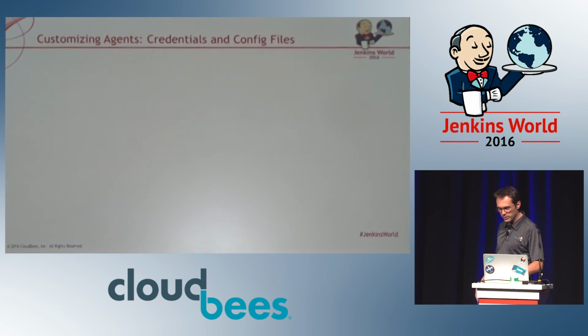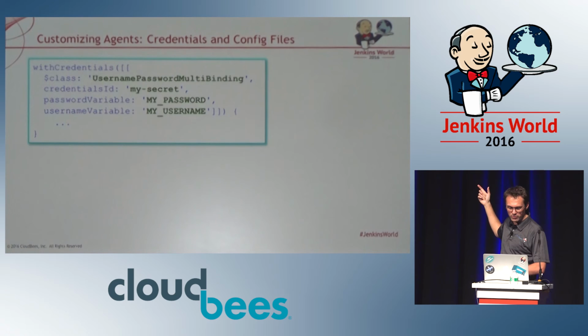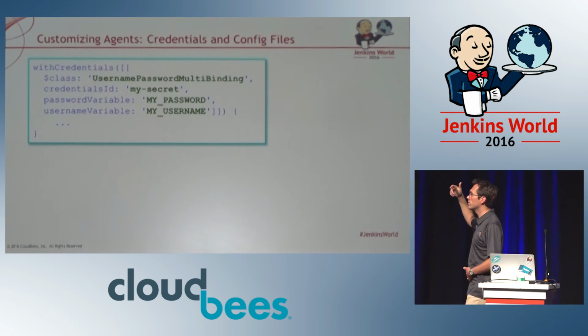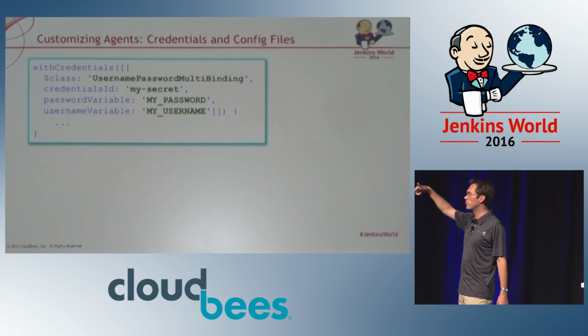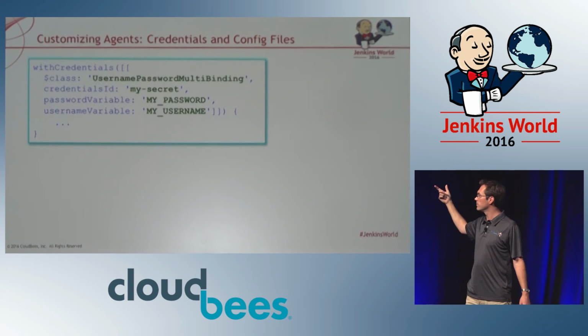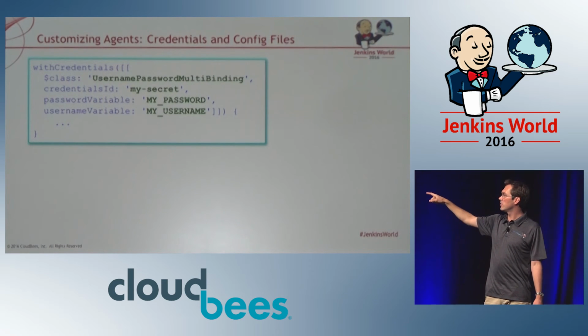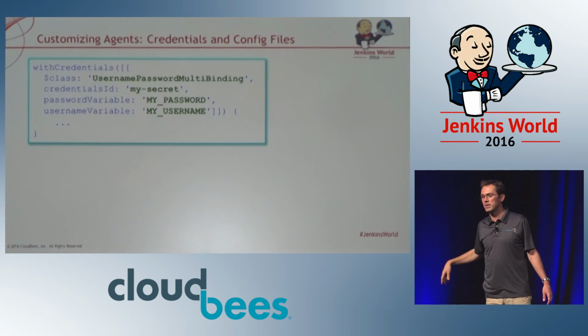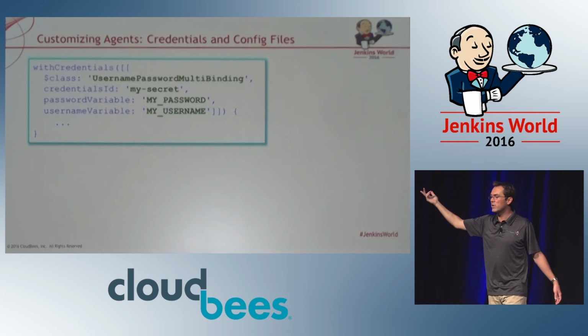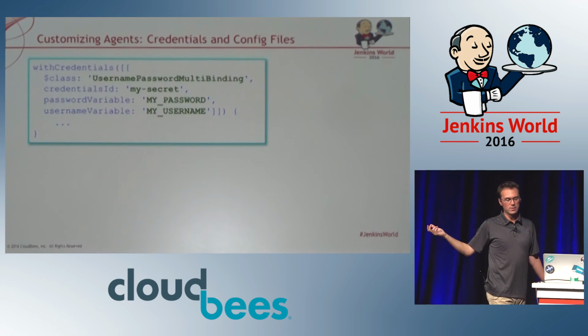So here are some things that you can do with these credentials capabilities and config file providers. If you want to have a login and password in your build environment, you will use the withCredentials binding, and you will source your login and password, maybe database login and password, with environment variables or in a file on disk.